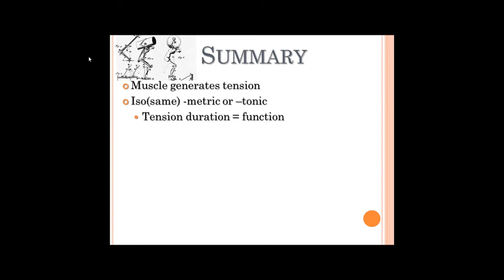So let's quickly go over the summary of this video lecture. We know that muscle generates tension. We know that muscle tension can be measured either isometrically or isotonically. Isometric being the same distance, isotonic being the same tone. We know that tension duration is related to muscle function. We also remember that active tension is directly proportional to the number of available cross bridges.